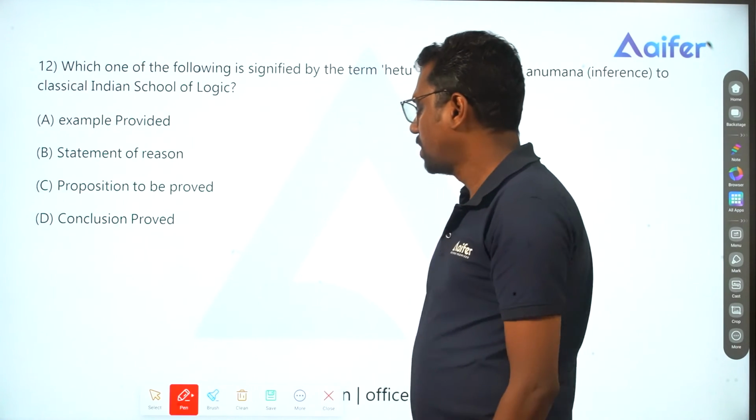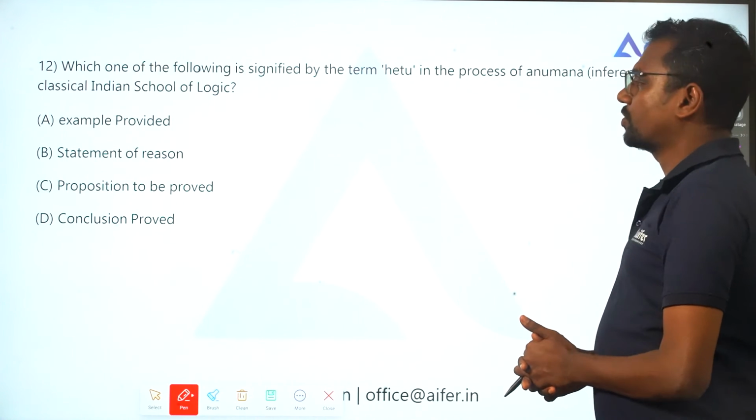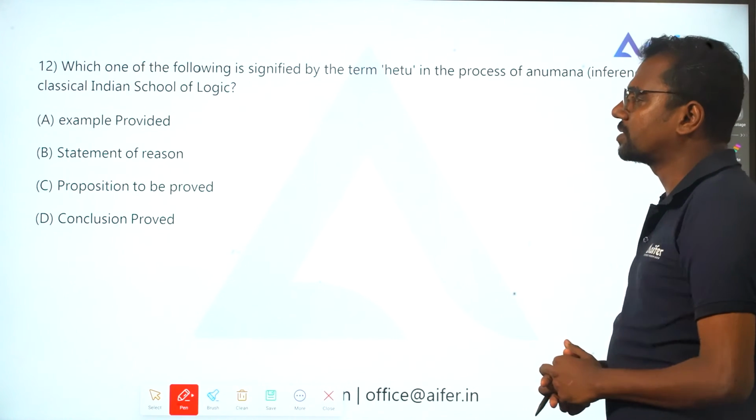Which one of the following is signified by the term Hedu in the process of Anumana, according to the classical Indian school of thought?